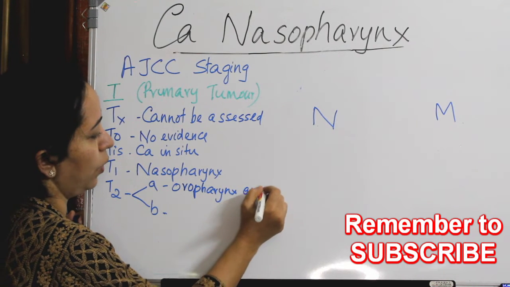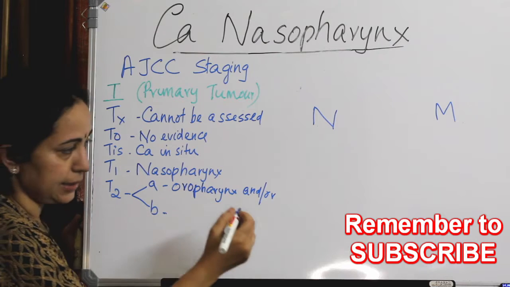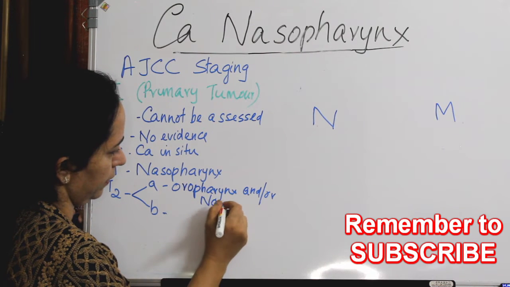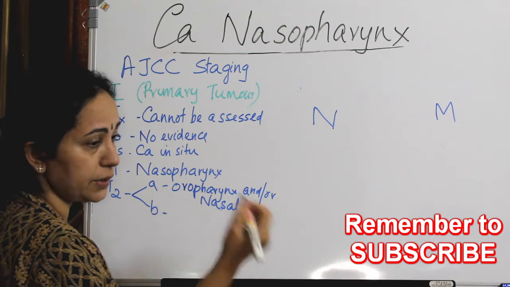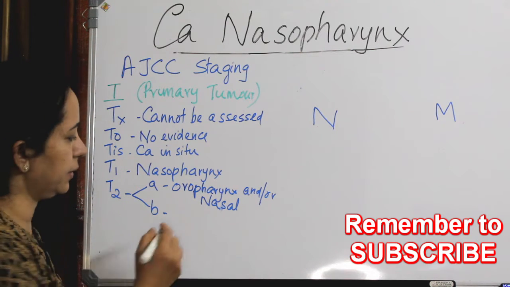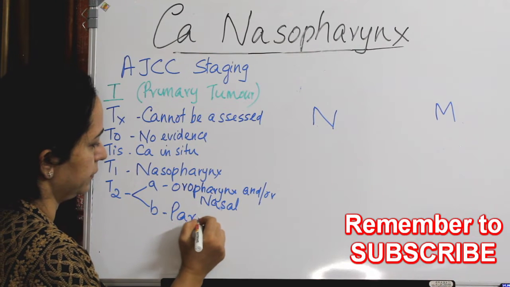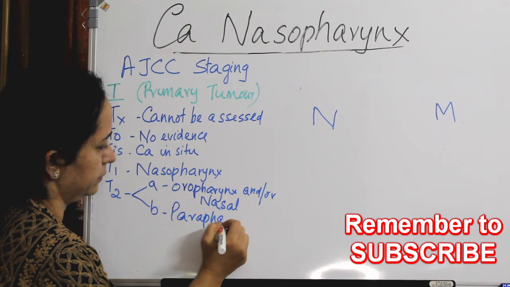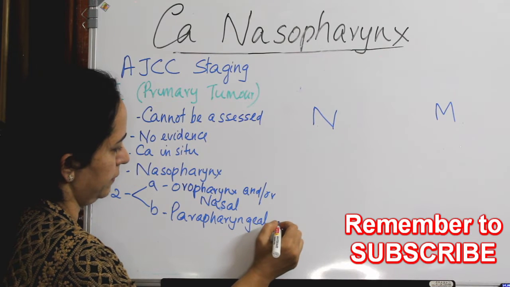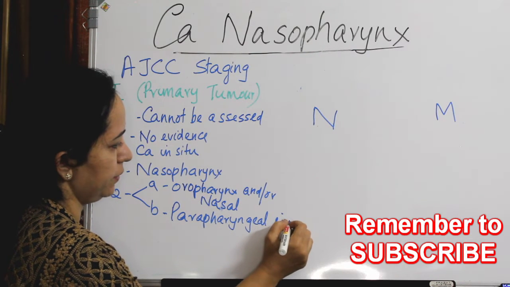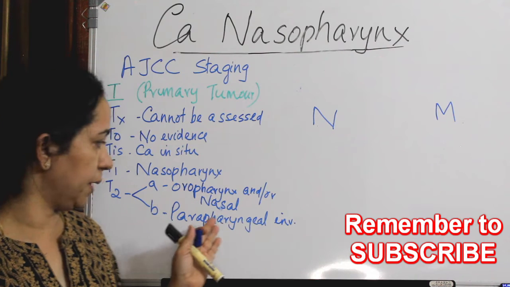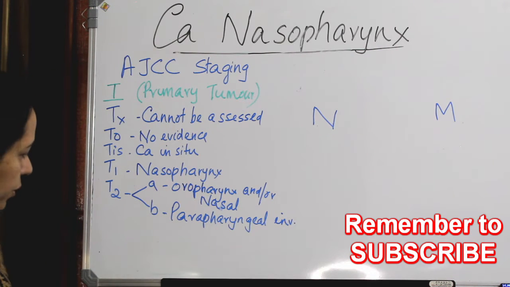But without parapharyngeal space involvement, and B is any tumor with the parapharyngeal space involvement. So T2 division to A and B is depending upon the parapharyngeal space involvement or not.